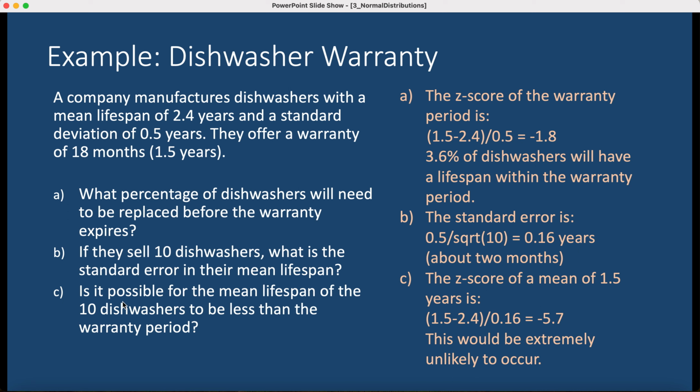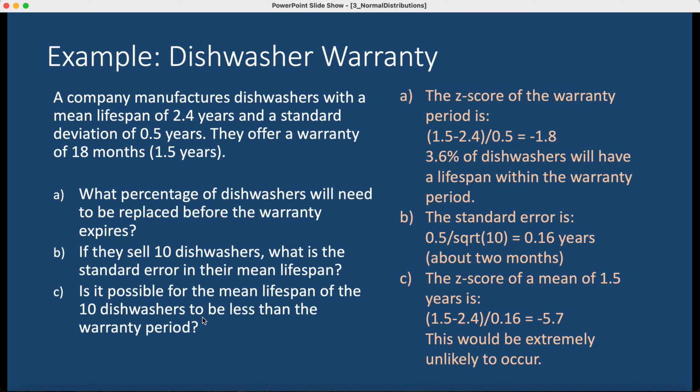Now for the question here, part C: is it possible for the mean lifespan of the 10 dishwashers to be less than the warranty period? So could you get 10 dishwashers that are on average going to have a lifespan of less than 1.5 years?